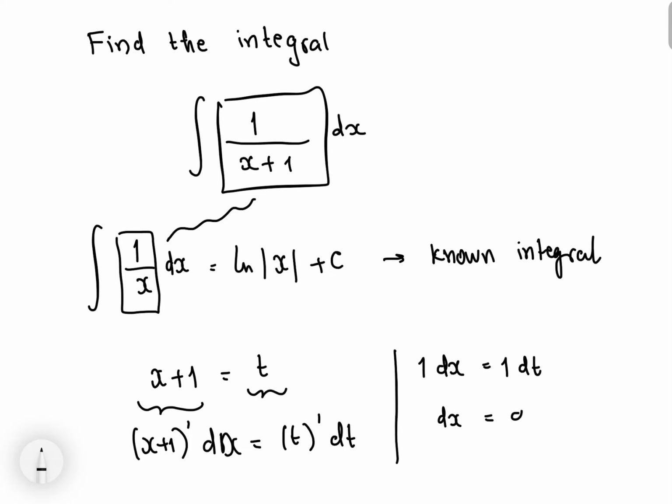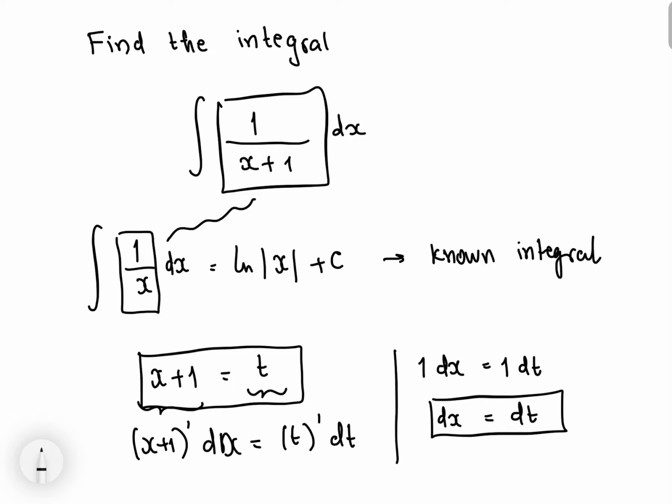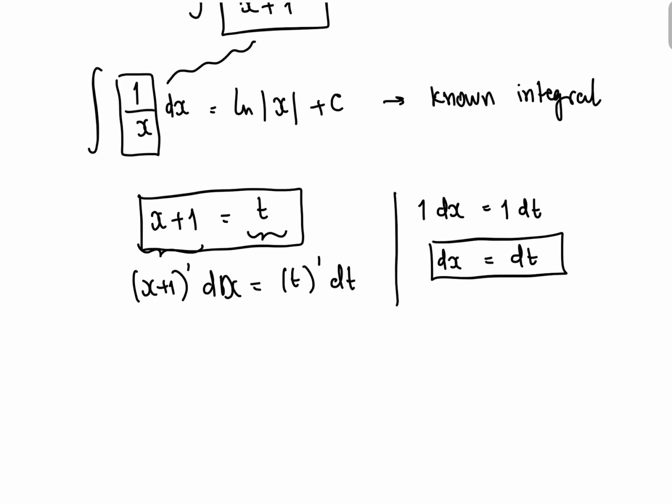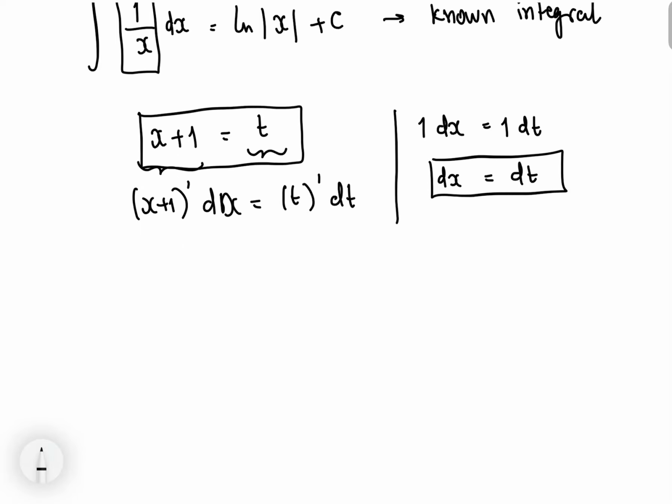Therefore, dx equals dt. And we have x plus 1 equals t. Now we have almost everything we need in order to solve the integral. Therefore, the integral of 1 over x plus 1 dx will become, with the substitution, 1 over t dt.